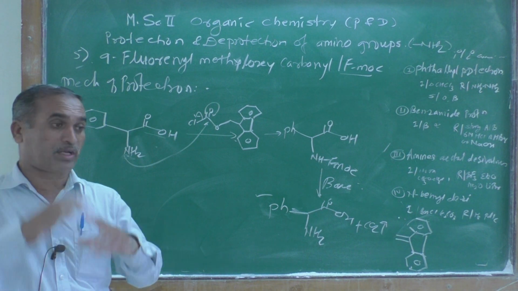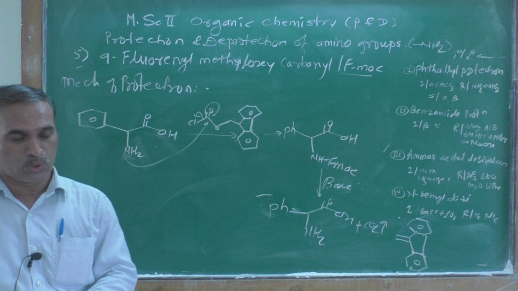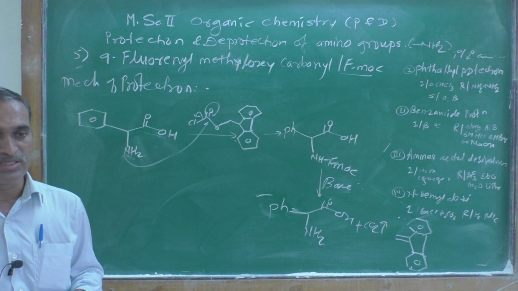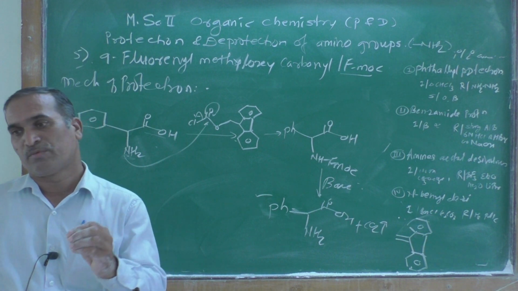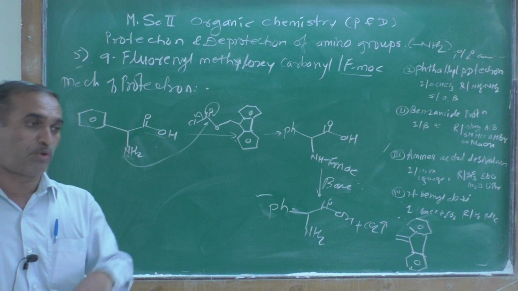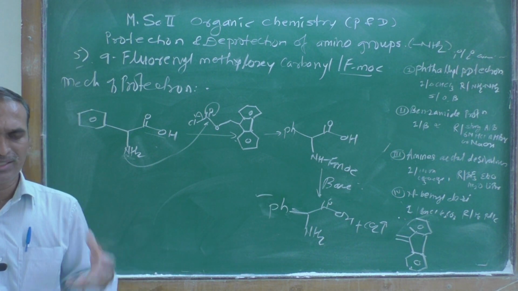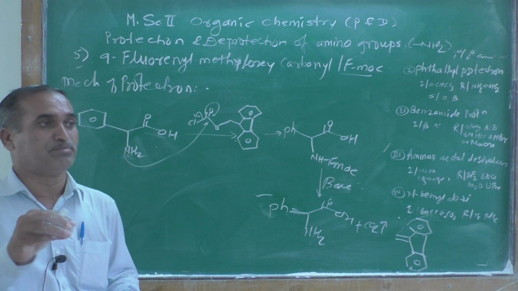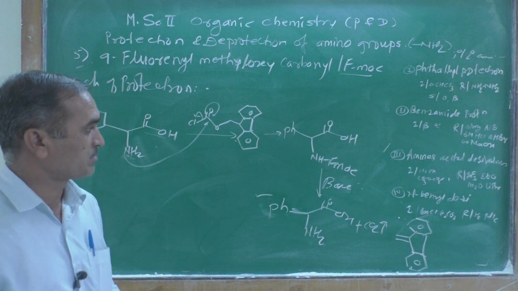The first protecting group we have seen is benzyl chloride, acetyl chloride, the third one is CBZ, the fourth one is BOC, and the fifth one is FMOC. Some other protecting groups for the amine group, let us see some additional information as far as these amino acids are concerned.